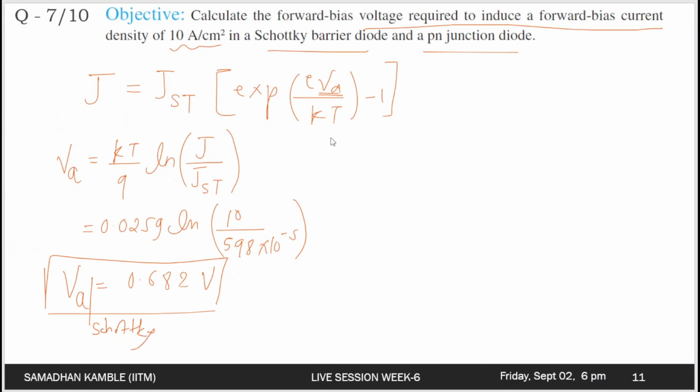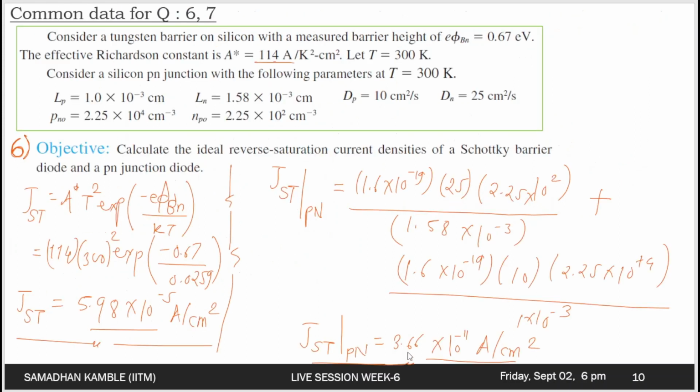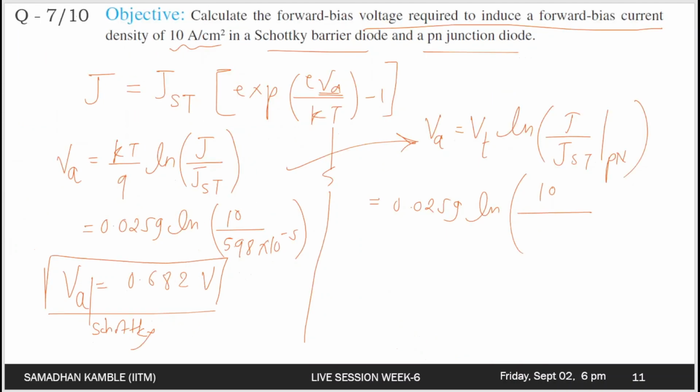Let us do a similar calculation for the PN junction diode. This formula we can apply for the PN junction diode as V_A equals V_T, that is the thermal voltage, times ln of J over J_ST for the PN. Again, just mere substitution. J is 10, and the J_ST value for the PN junction that we calculated in the last problem is 3.66 times 10 to the power minus 11 ampere per centimeter squared.